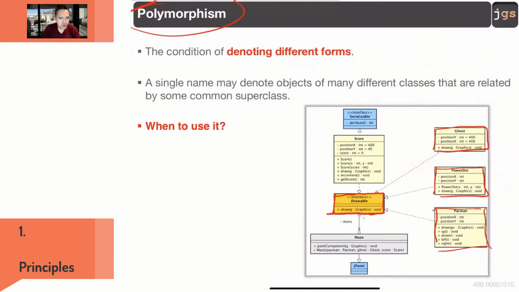You need method override, yes. You need a parent. Let me put the elements. Number 1, always, in order to have polymorphism, you need a family of classes. A family. You need a parent, and you need child.